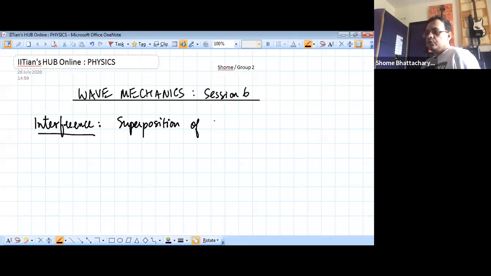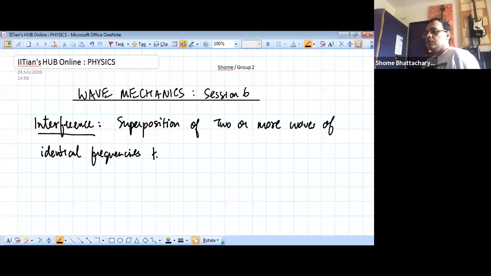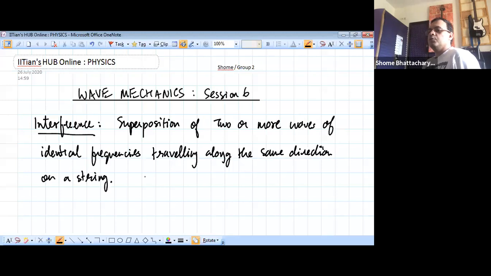So the superposition of two or more, basically multiple waves of identical frequencies traveling along the same direction on a string. That particular phenomenon is called interference.